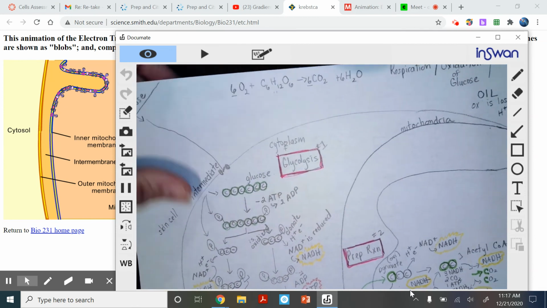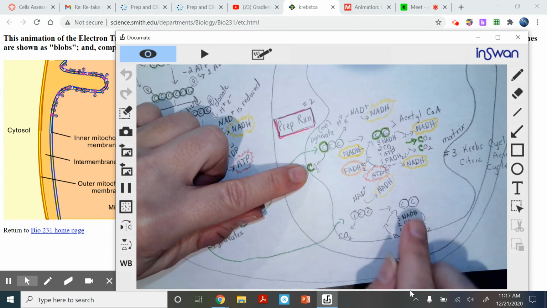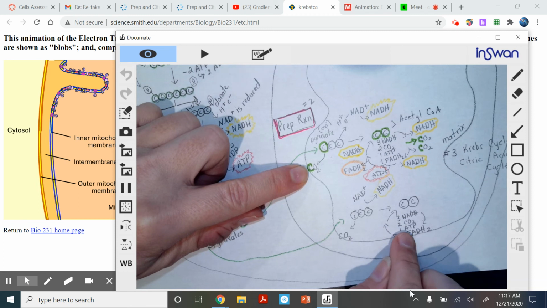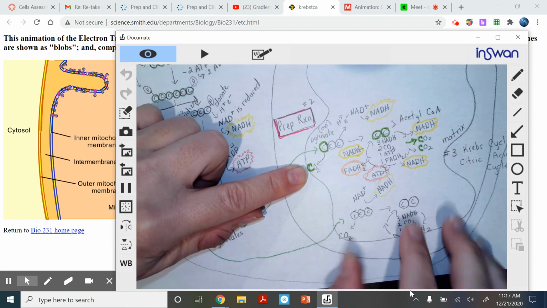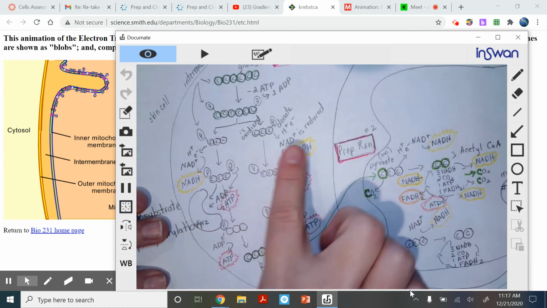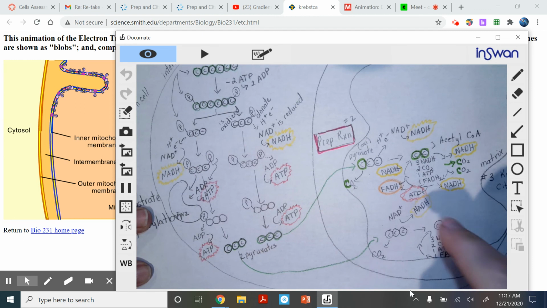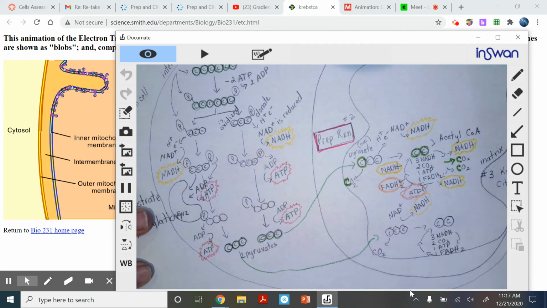And when you go back and you count, I made 6 CO2s. Bam, bam, bam, bam, bam, bam. 6 CO2s. I pulled off 12 H's and I made 12 buses. 1, 2, 3, 4, 5, 6, 7, 8, 9, 10, 11, 12. Okay. Glucose is gone.